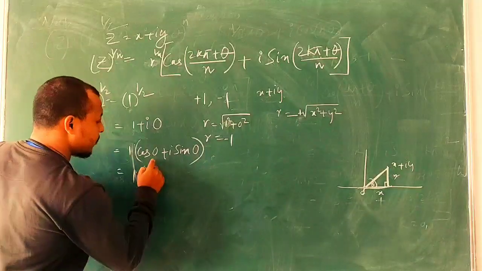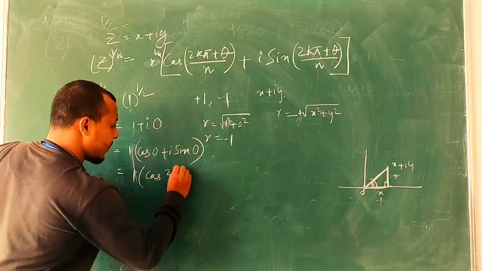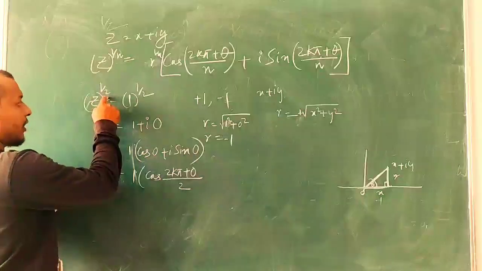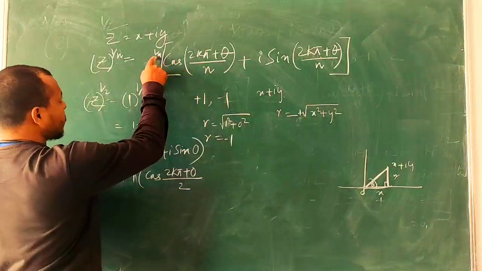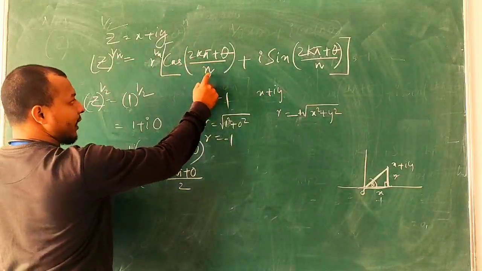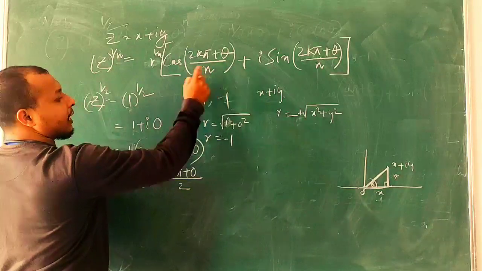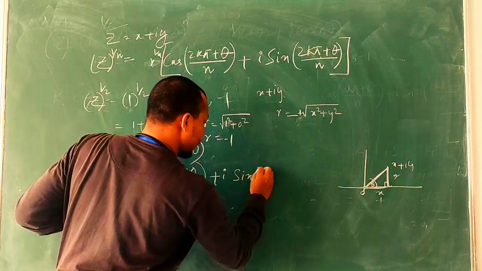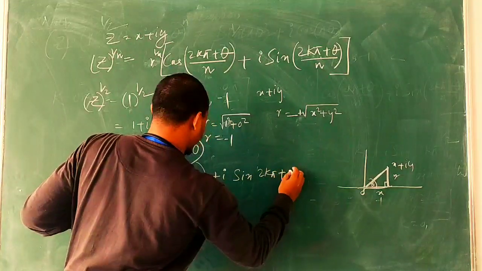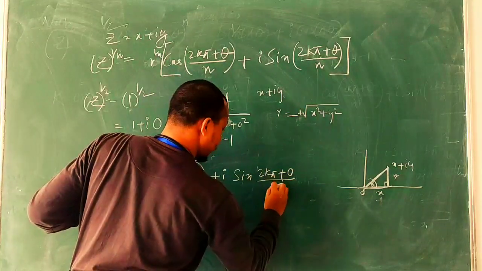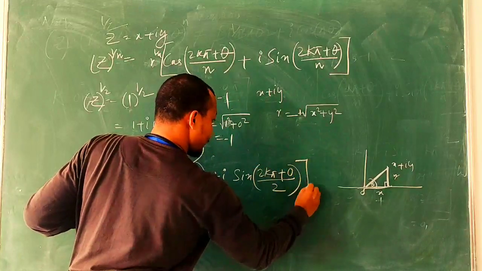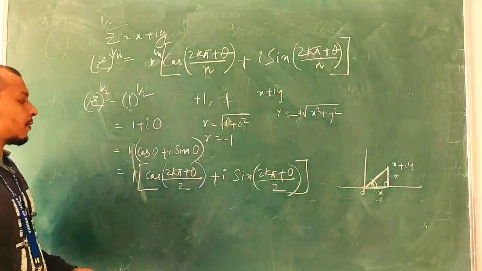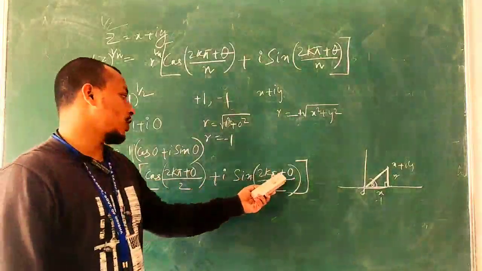Now cos of (2k pi plus theta) by n, what is it? Theta is 0, and 0 by 2, because our n is equal to 2. So since it is 1 by n, it is n in the denominator, plus I into sine of (2k pi plus 0) by 2. So 2k pi plus 0 by 2, plus I sine (2k pi plus 0) by 2.